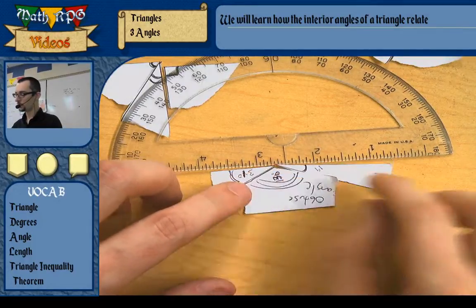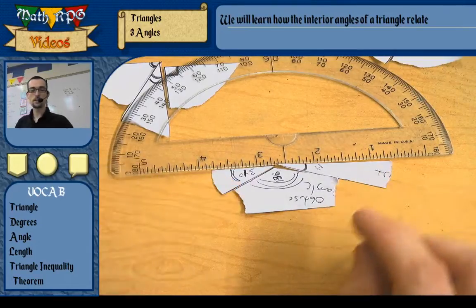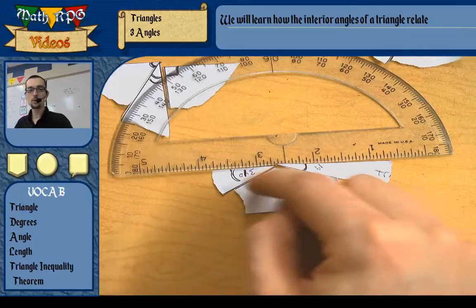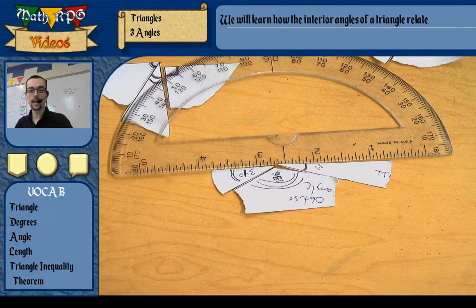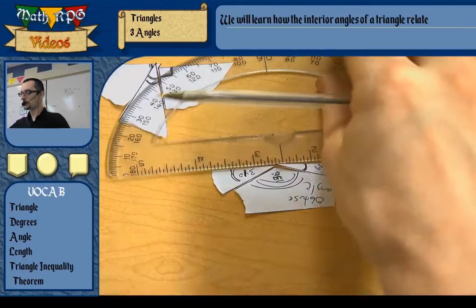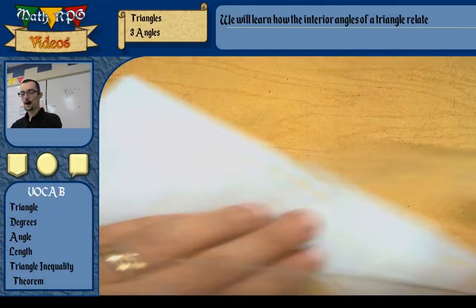So this is a theorem. Actually I don't know what it's called, but it states that the three interior angles, the three angles inside of a triangle, when you put them together, add up to a straight line, which is 180 degrees. So for every single triangle you'll ever find, unless you go into advanced college math, every triangle has 180 degrees.